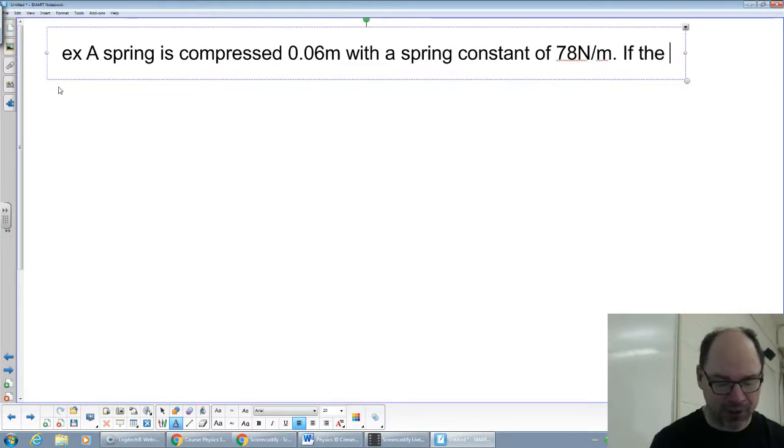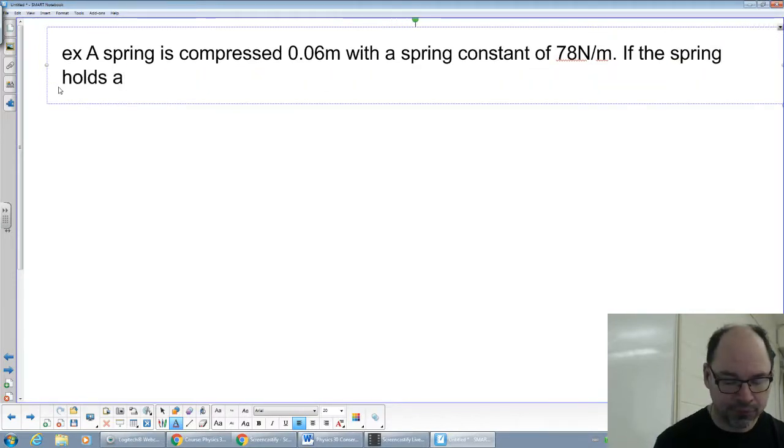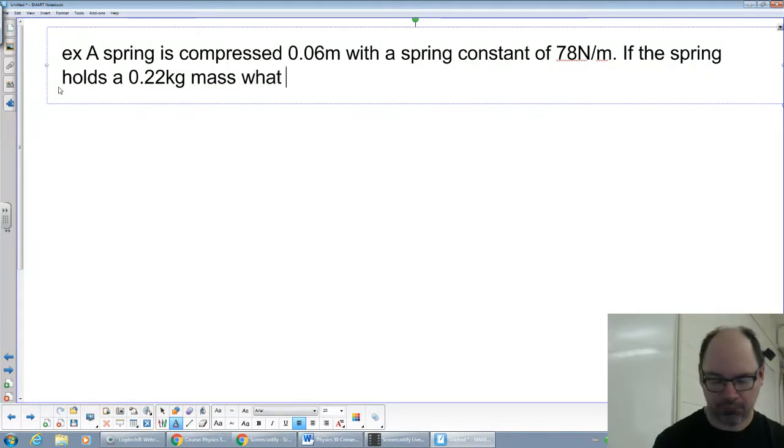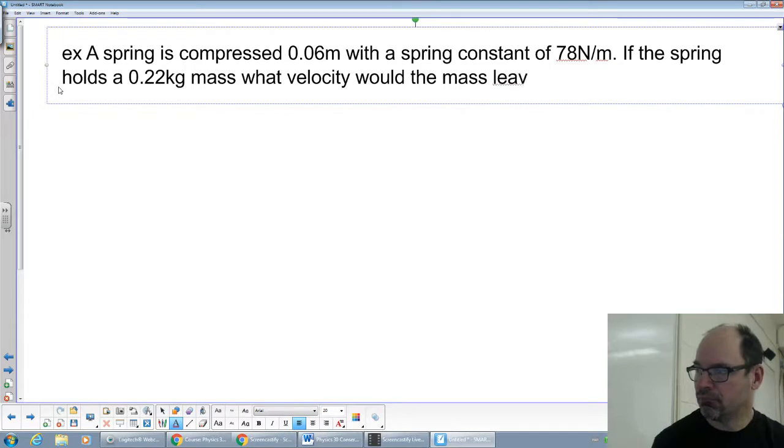If the spring holds a 0.22 kilogram mass, what velocity would the mass leave the spring with when it is released?